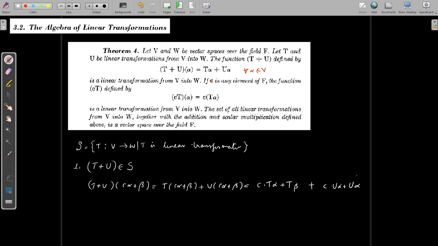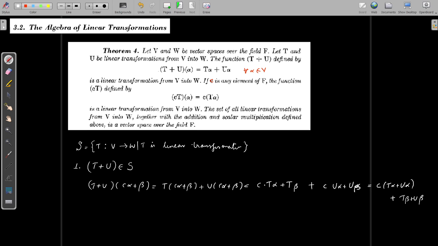Now combine the first two terms, so that will give C T alpha plus C U alpha, that is C times T alpha plus U alpha. Both are elements of W, and W is a vector space over the same field F. Then you can combine the other two, T beta plus U beta. Now what is T alpha plus U alpha?